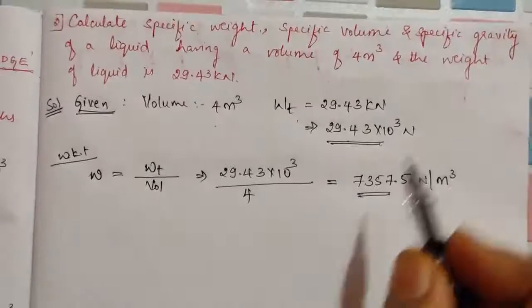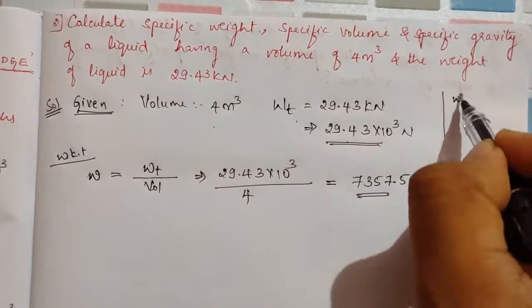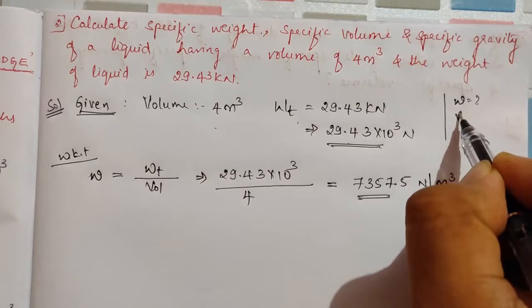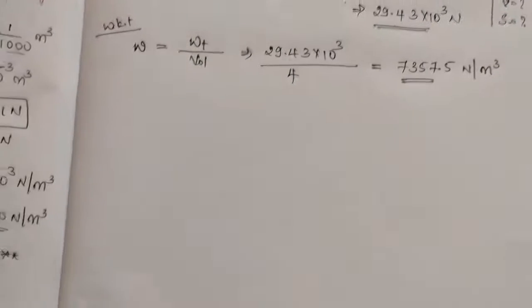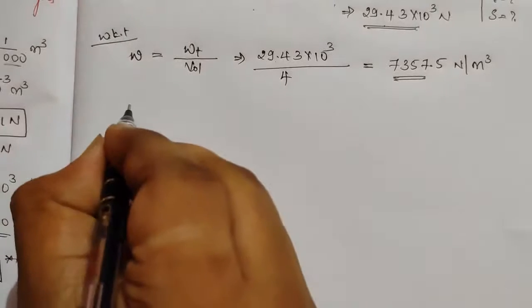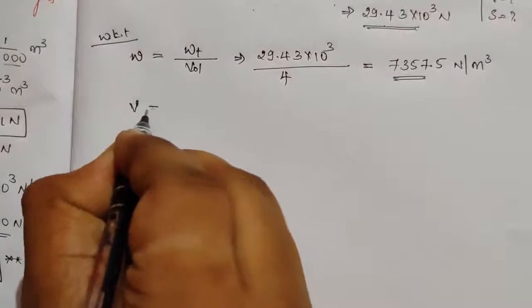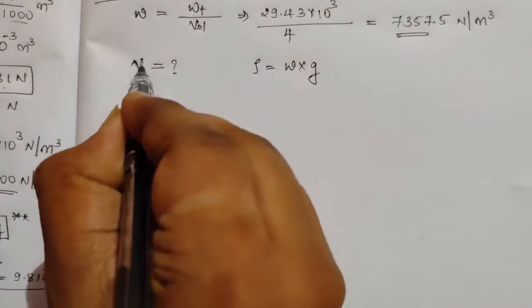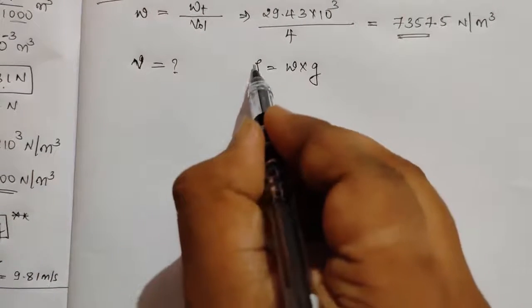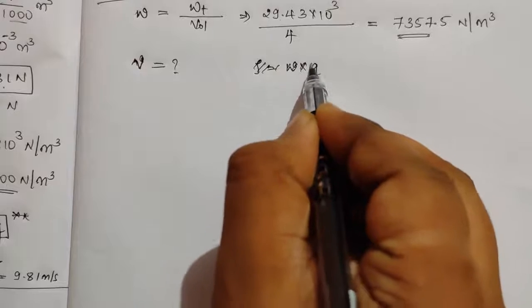Okay, so I'll write down here. Weight is asked, specific volume is asked, specific gravity is asked. Now what is specific volume? Before finding specific volume, I'll find the density.